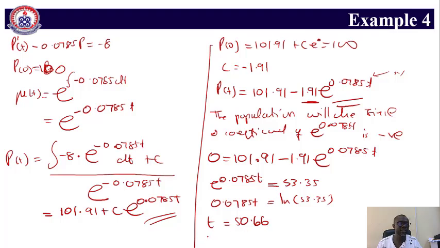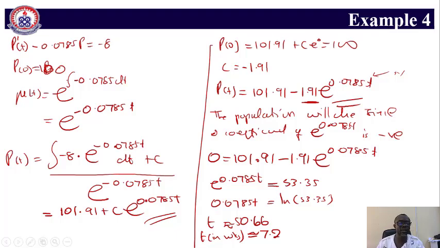If you divide by 7, t in weeks, you're going to get 7.2 weeks. That's approximately 7.2 weeks. These are approximate values. So we say that the population will die out in 7.2 weeks.